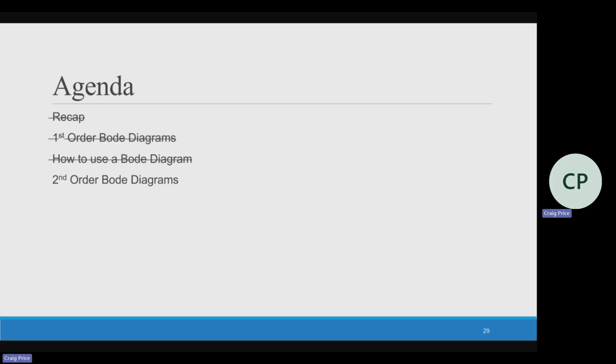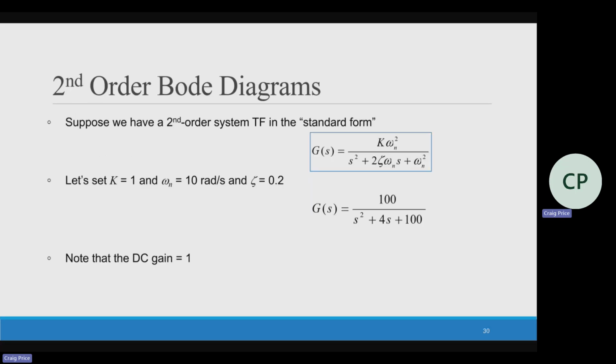But today our last topic is second order Bode diagrams, which are slightly different than first order. First off, let's start with the standard form. Now, this is again very related to the standard form we have covered for input-output equations. Notice we have a damping ratio, we have a natural frequency. You don't necessarily have to write down the rest.